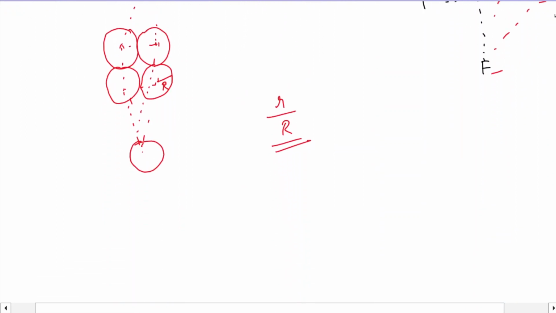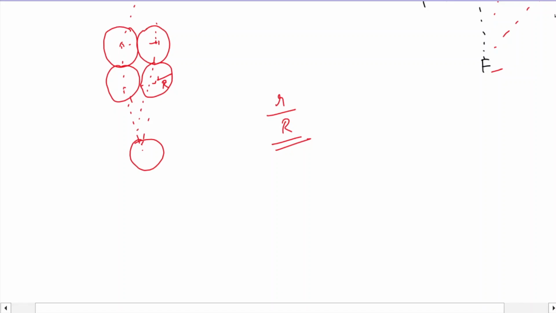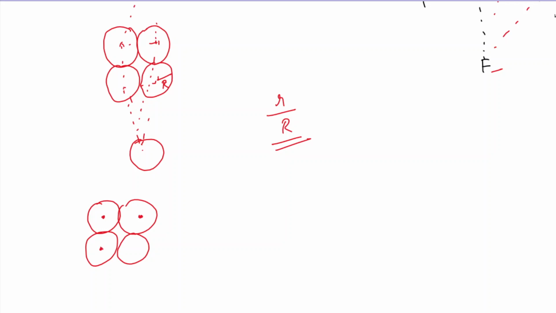Now let us have a look at one of the 2D voids, that is the square planar void. What is the radius ratio in the square planar void? So here these four atoms are touching each other. Now we will consider their centers only.